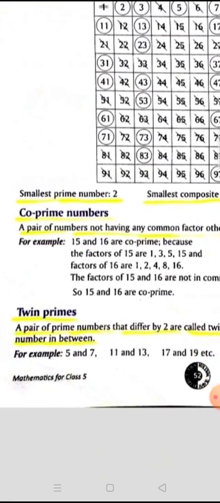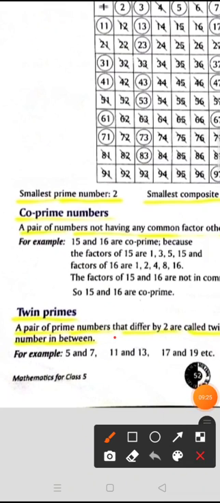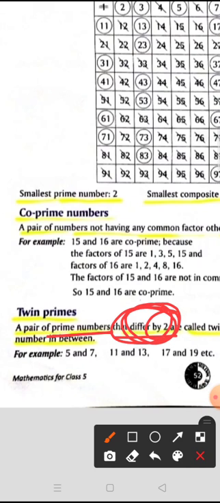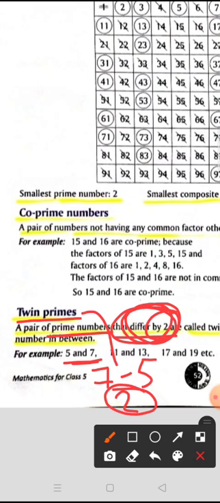Twin primes: a pair of prime numbers that differ by 2. It means both are prime numbers, and the difference between the two is 2. Here you have seen 5 and 7, both are prime numbers, and when you subtract, you get 2, so it's a twin prime.